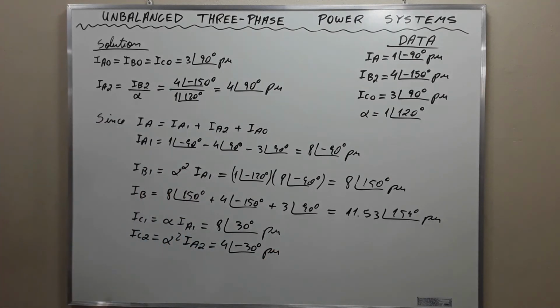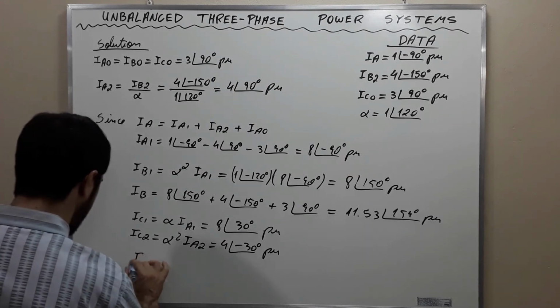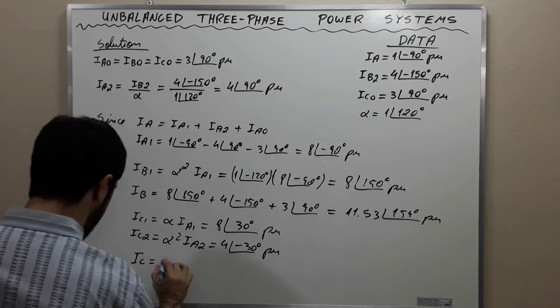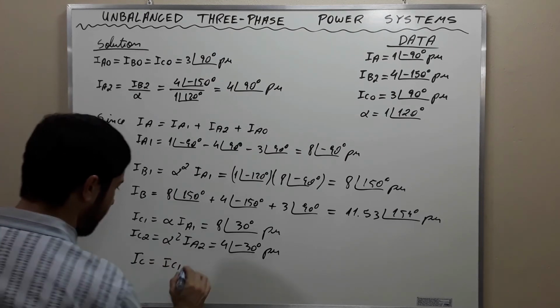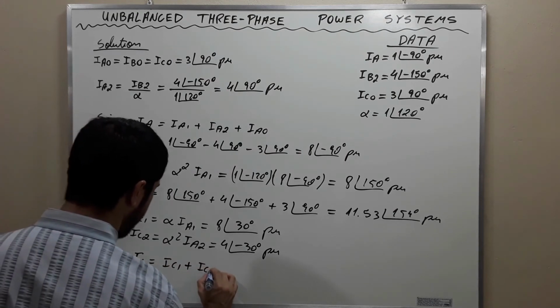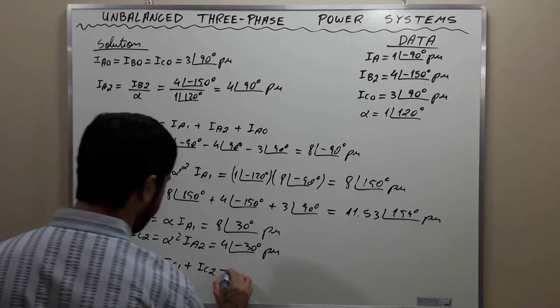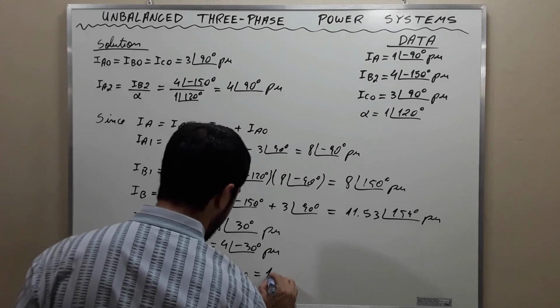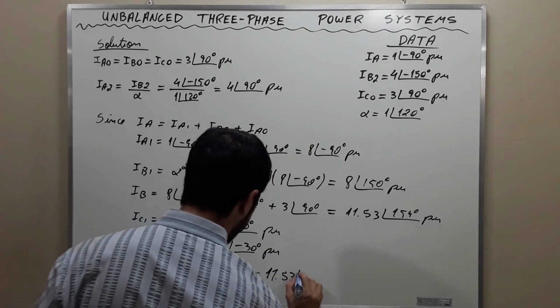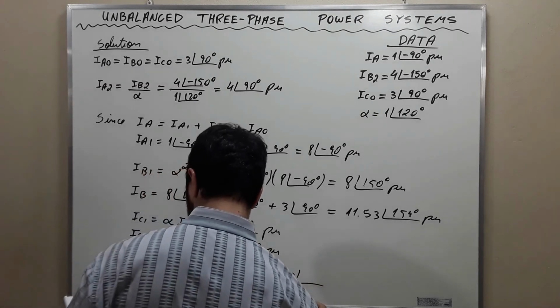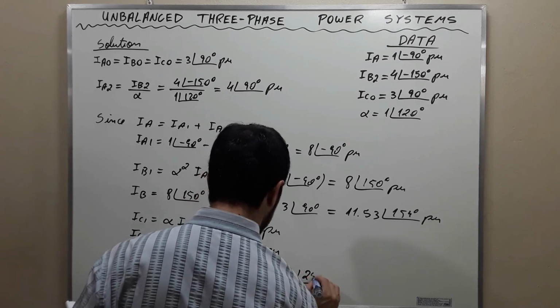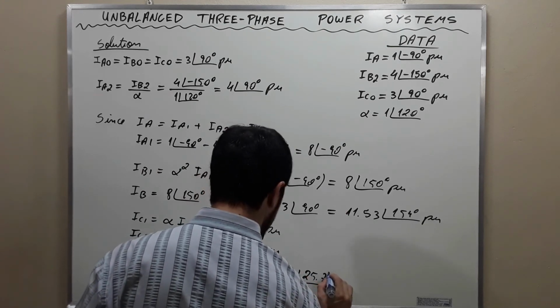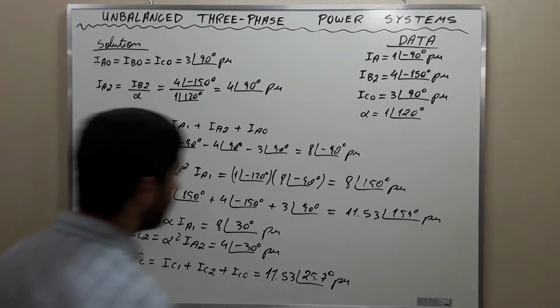With these values, we can calculate the current along conductor C, which is equal to IC of positive sequence plus IC of negative sequence plus IC of zero sequence, which is 11.53 phase 25.7 degrees per unit.